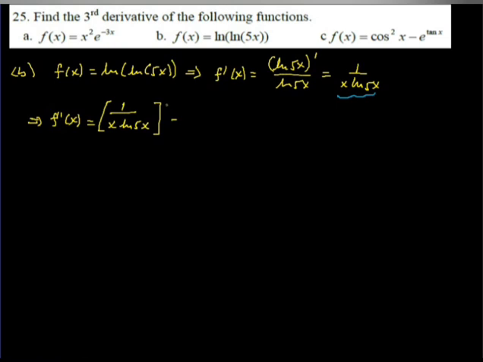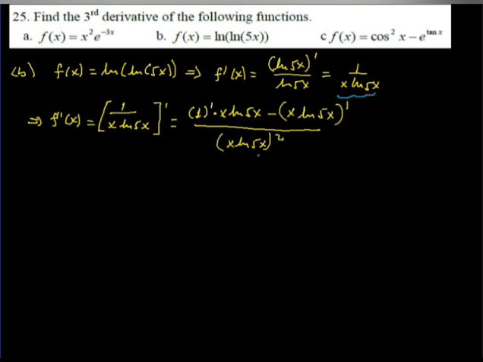So it becomes the derivative of 1 times x ln 5x minus 1 times the derivative of x ln 5x, over the square of x ln 5x. Okay, we square it. Unfortunately, the derivative of 1 is 0, therefore this term becomes 0, and we apply product rule and chain rule in this part.